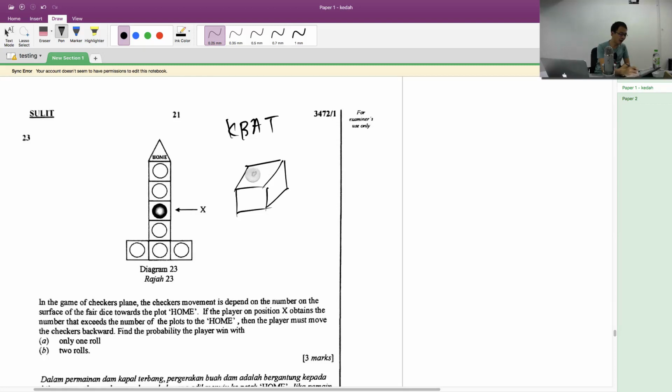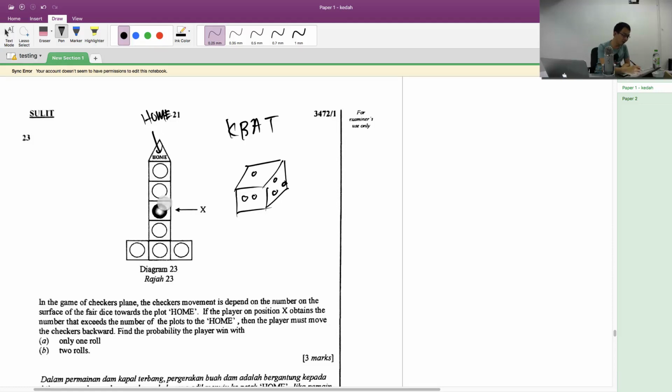And then you have 1, 2, 3, 4, 5, 6. So your objective is to go into the home here. If a player on a position X obtains a number that exceeds the number of the plots to the home, then the player must move the checker backwards.